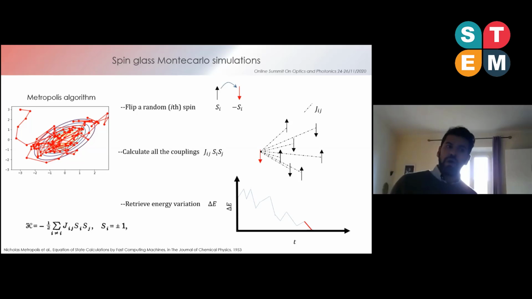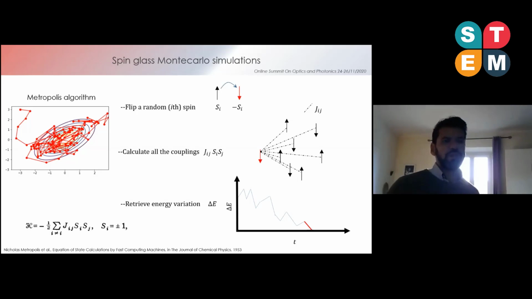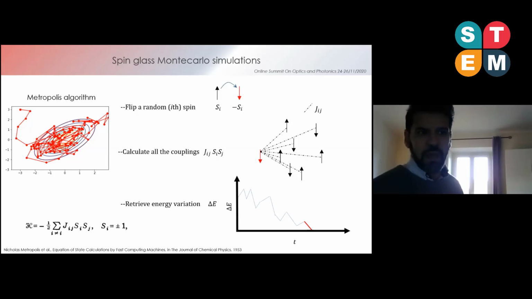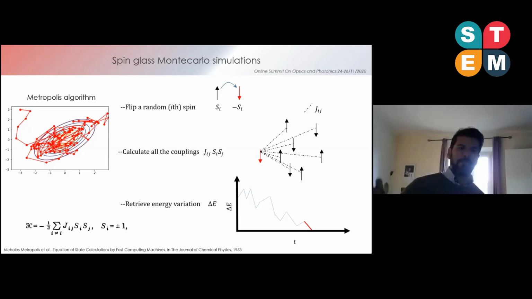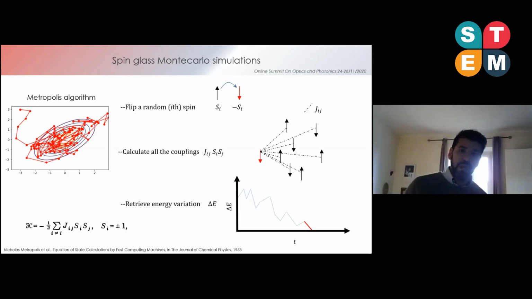And there is no way to construct a spin glass materially, so the only way to do it is simulating them numerically. The most popular kind of simulation is a Monte Carlo simulation exploiting the Metropolis algorithm.